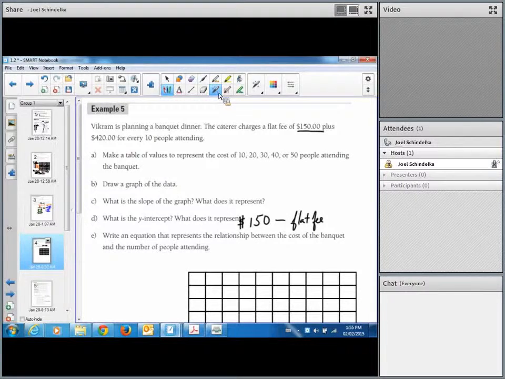Okay. So do you see that because of this information here, the slope of the graph should be $42 per person. We're going to write this down here, but 42. What is that? The price per person. That's where we got that. 420 for 10 people.